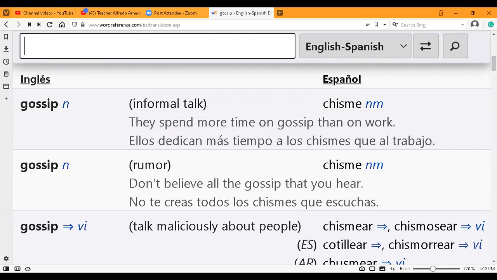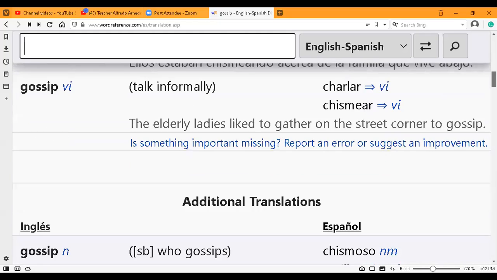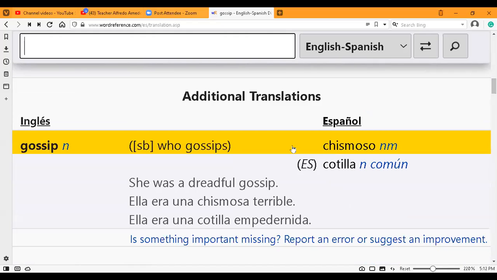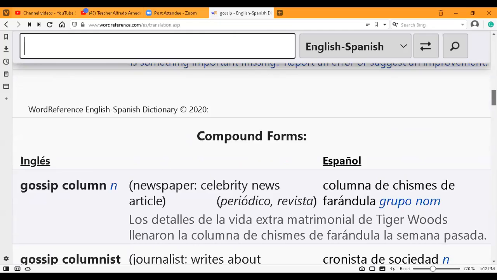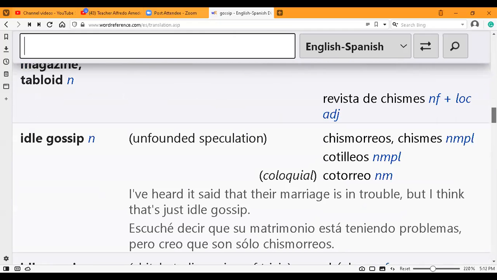Es un chisme, un rumor. ¿Ya? O alguien que es chismoso. That's the word gossip, okay?